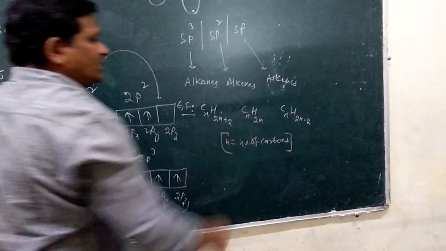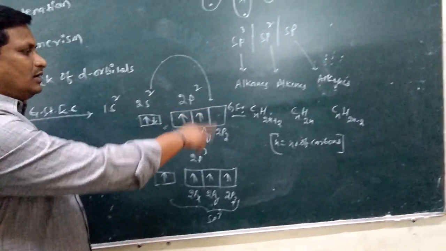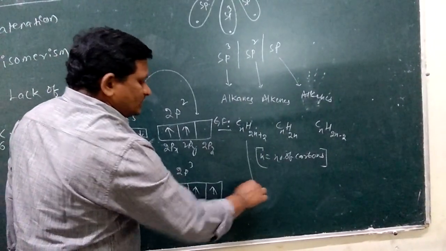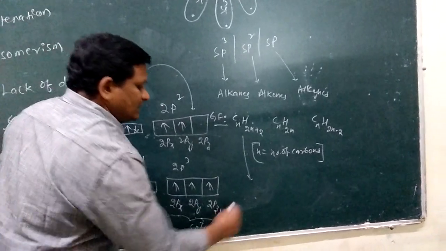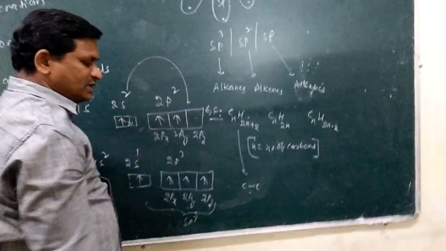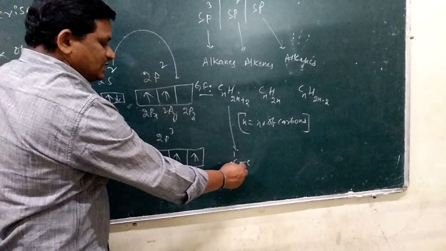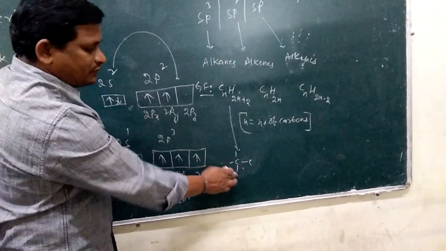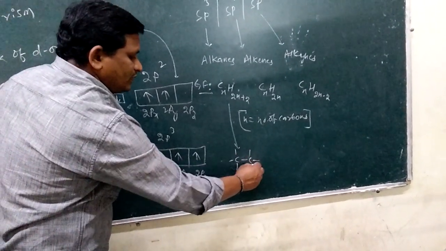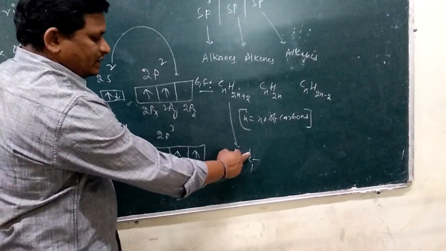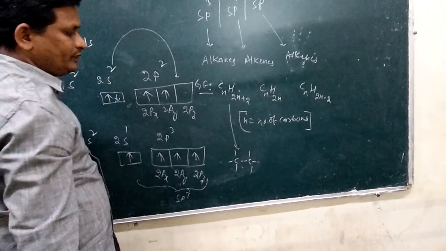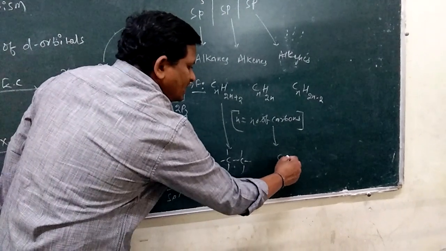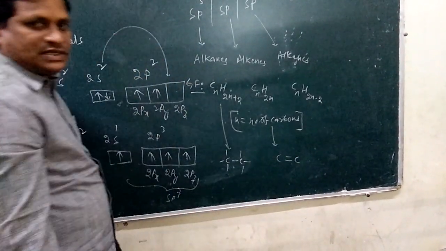Based on the number of carbons, the bonds are present between the carbons. In alkanes, a C single bond C is present, so the carbon valency is tetravalency: 1, 2, 3, 4. Another carbon valency is also 4. In alkenes, a double bond is present between two carbons.